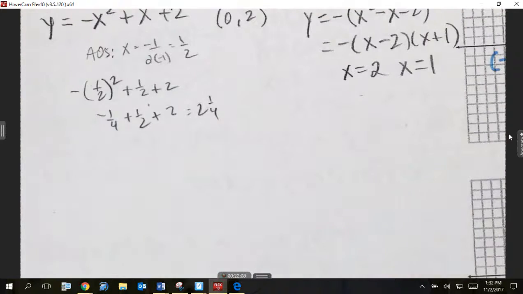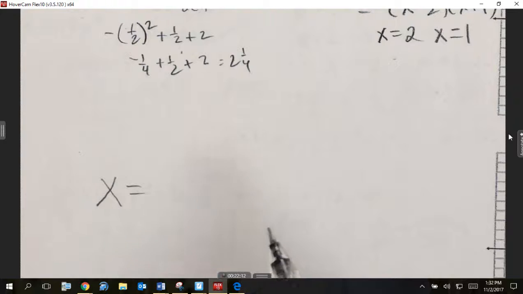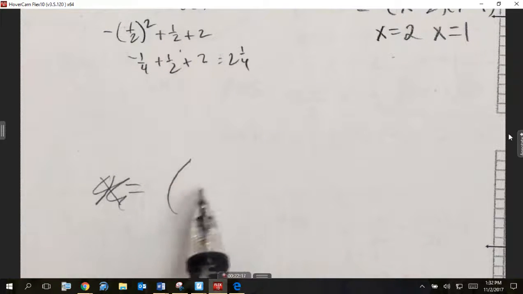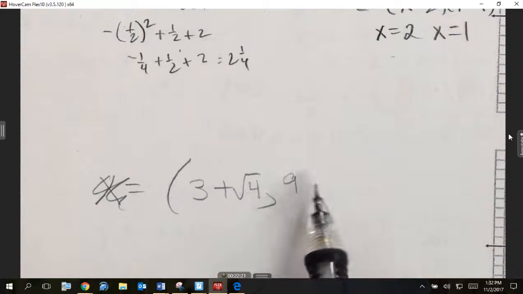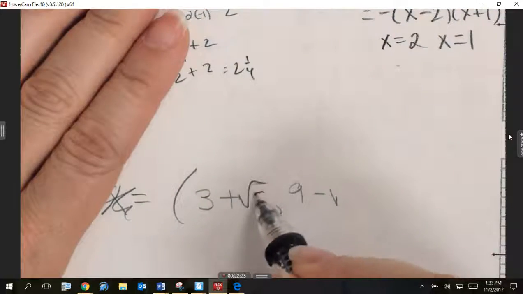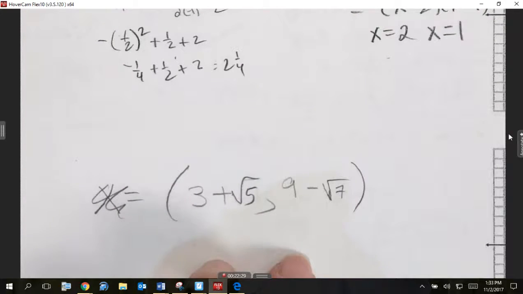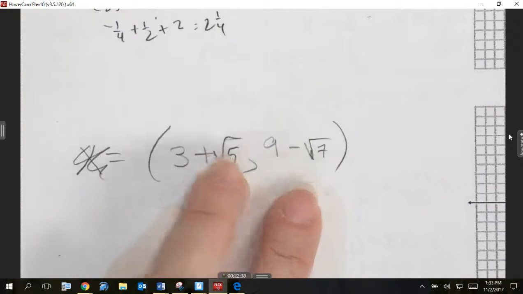Because if you have a solution, I'm just making this up, if my ordered pair was 3 plus square root 5, comma, 9 minus square root 7, the calculator's not going to tell you square roots. It's going to tell you the approximate decimal. So you'd be out of luck because you couldn't find it.